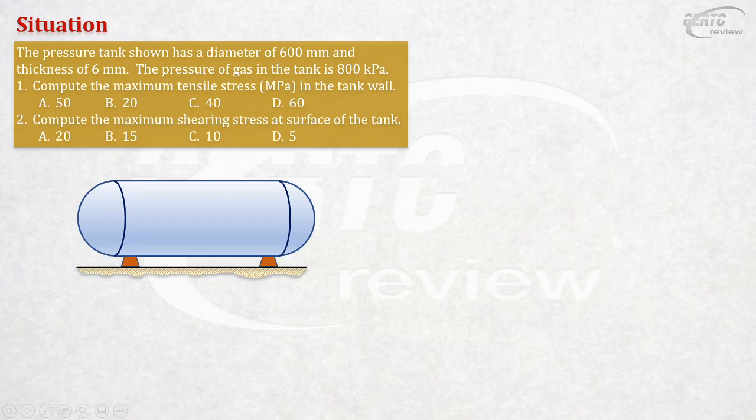But 1 mm is thick if the diameter is, say, 4 mm. Did you get my point? So, yung thickness is relative to the diameter. But, okay, halimbawa, if your diameter is 1 meter and the wall thickness is, let's say, 10 centimeters, the PD over 2T cannot be applied. That is considered as thick-walled cylinder.